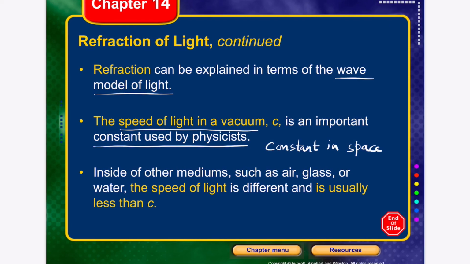If you change it into other mediums, such as air, glass or water, the speed of light will generally be different and always less than the speed of light in vacuum. You can never have a medium that gives you a speed of light greater than that of the vacuum. Vacuum is the maximum limit of the speed of light.